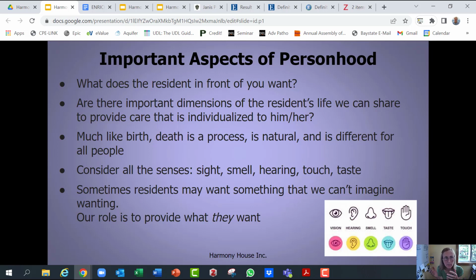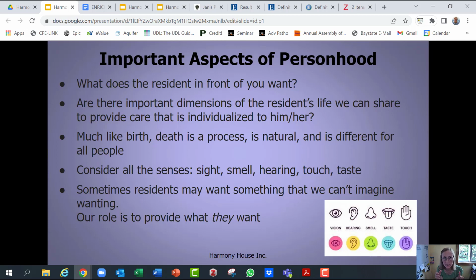Some people may want music, others not so much. Some people strive to be free from any pain, regardless of whether it may make them sleepy or not. And other people really want to prioritize being awake at the risk of having more pain.